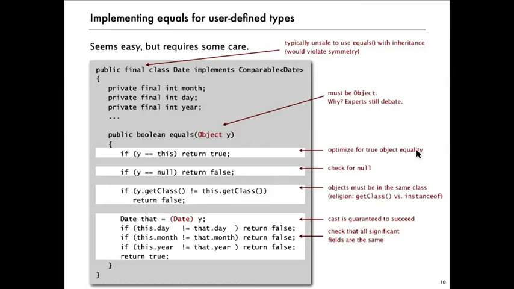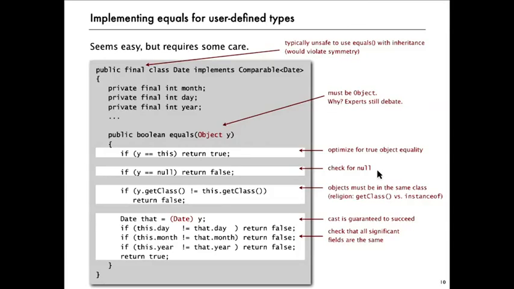If y is a reference pointing to the same object as this object, just return true, because if you're going to test the values, they're going to have the same values anyway. That's a good optimization for lots of situations. Why go through all the rest of that code if you know right away they're equal?